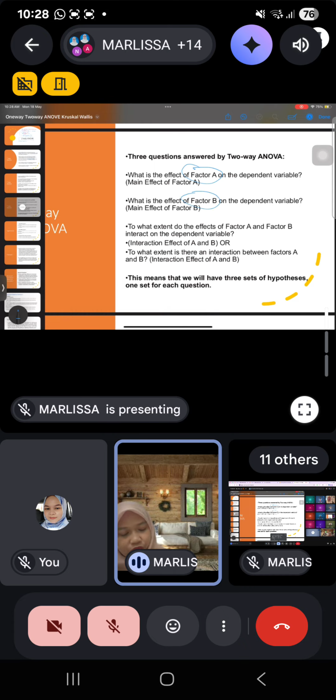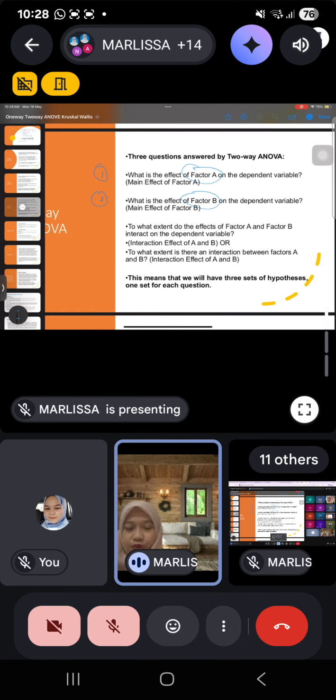Factor A, factor B. So you have the first research question, second research question. This is the individual effect. If let's say you have 3 factors or 3 independent variables, you will have 3 individual effect research questions. So this is in the case of 2 factors.